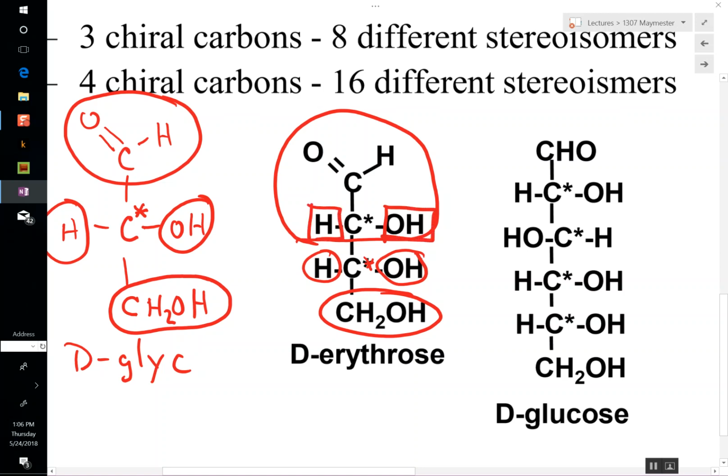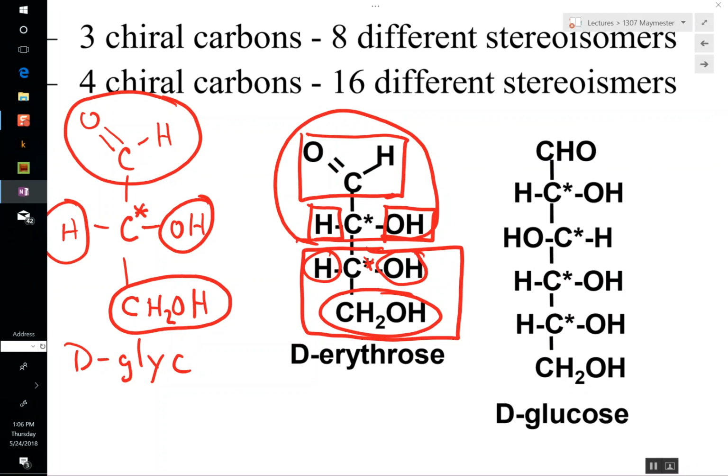That, and that are all different. So that carbon has 1, 2, 3, 4 different things on it. So you go up to a 4-carbon monosaccharide and you get 2 chiral carbons in it. So this has a couple of different optical isomers. This would have more optical isomers.